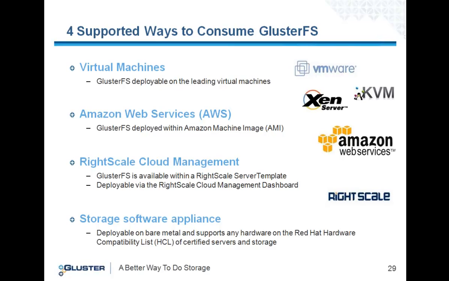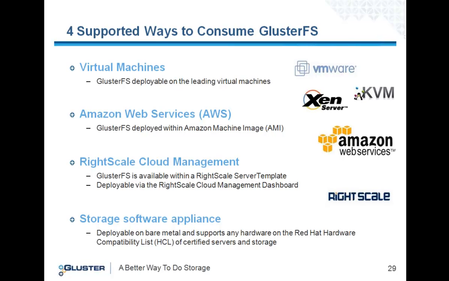We have a store where you can just click through very quickly to purchase these instantiations. Also, Amazon Web Services is another way to purchase Gluster, and that's directly from Gluster as well, purchasing the Gluster Amazon Machine Image, or AMI, directly from us and then deployed through Amazon Web Services.